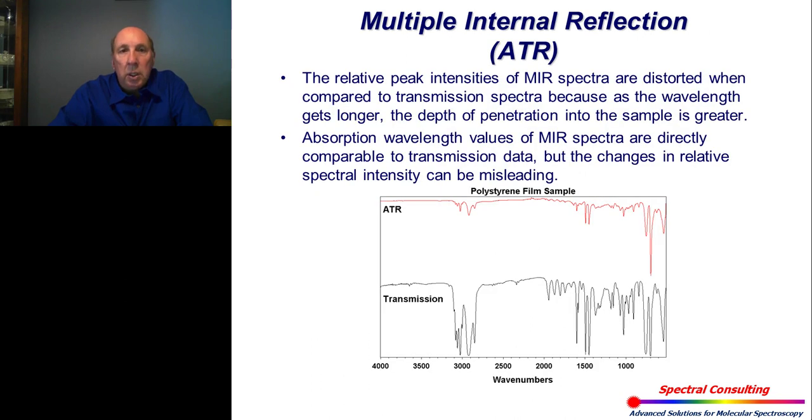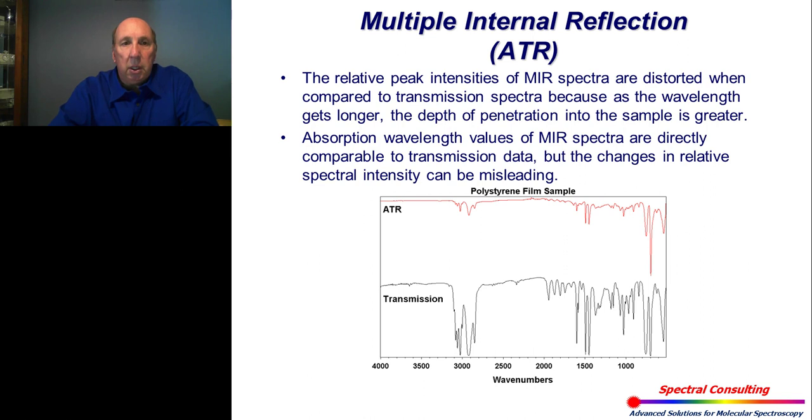So we're talking about how the relative peak intensities are distorted compared to transmission spectra because the wavelength gets longer and the depth of penetration into the sample is greater. So what we see for a polystyrene film sample, when we collect the ATR spectrum, is that the peaks at 3000 are really shortened. They're not very intense as compared to the transmission spectrum for the same sample. So we lose a lot of information if we're not careful, and we don't recognize that this process is occurring.